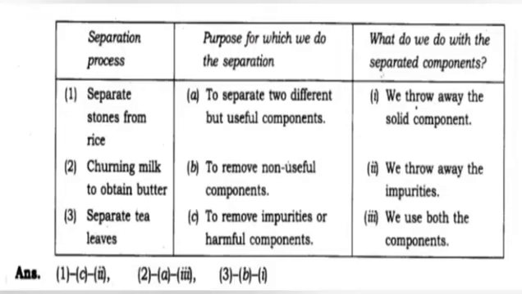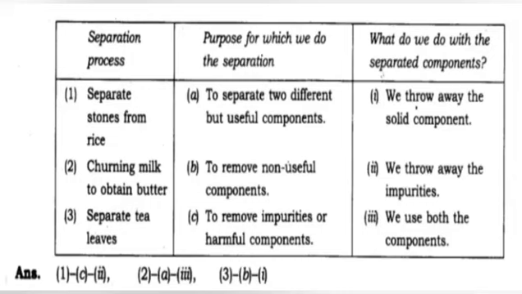So students, if we want to separate stones from rice, then what is the purpose? To remove impurities or harmful components. This is the purpose for separation. Okay, and we can separate it by throwing away, right?